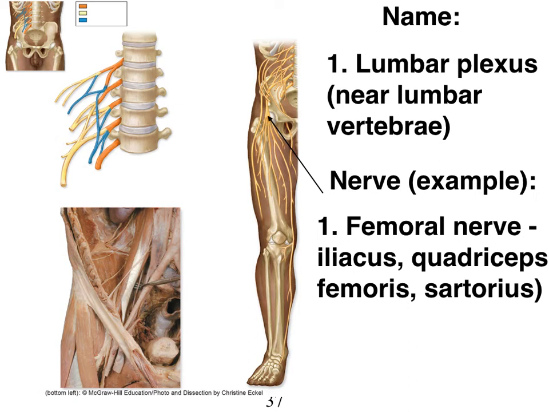The femoral nerve helps to activate muscles that are located close to the os coxa and femur, such as the iliacus and the four quadriceps femoris muscles, the rectus femoris and the three vastus muscles, as well as the sartorius. This lumbar plexus has a very important femoral nerve.